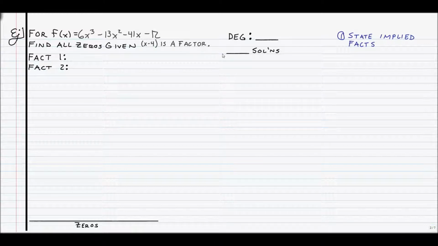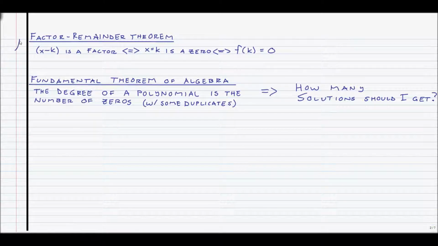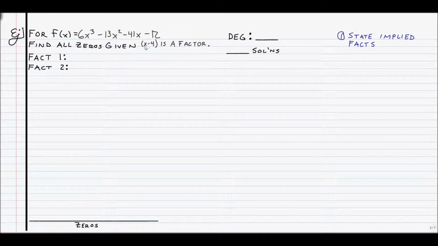State the implied facts. We go back to what it says in the factor remainder theorem. What it says is that if x minus k is a factor, then x equals k is a 0. So our first fact is if x minus 4 is a factor, then x equals 4 is a 0. It's that same connection we make when we graph, where we say, if x minus 4 is in that polynomial, then we can set it equal to 0 and solve, and we're able to get out the 0.